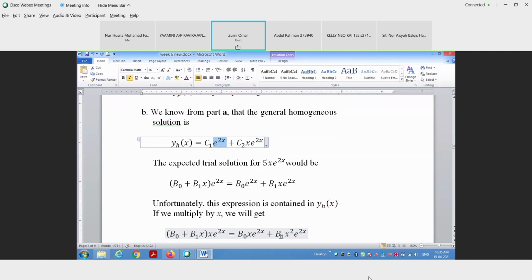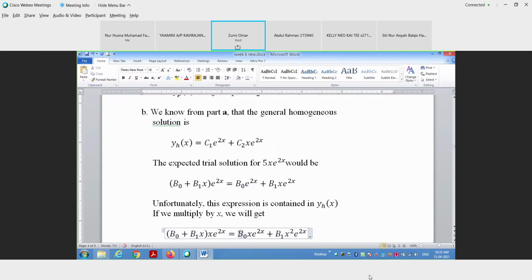That's why we need to multiply YP with x. So we multiply YP with x and then expand, and we have b0 x e^(2x) plus b1 x squared e^(2x), because x times x is x squared. And we have to compare again. b0 x e^(2x), compare with this, now they are different.